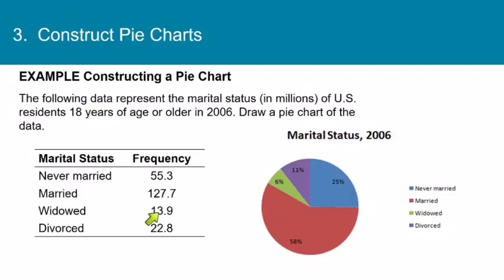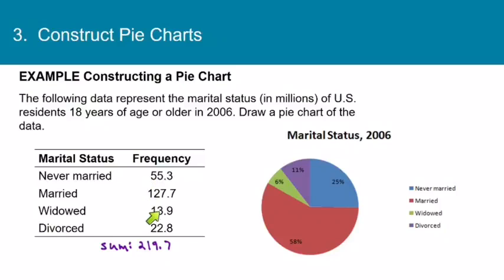So we've got the frequencies here, and we know that in order to calculate the number of degrees in each sector, we need to do relative frequency times 360 degrees. So we'll need to get the sum of these numbers so we can get the relative frequencies. If you add these 4 numbers, you find the sum is 219.7.